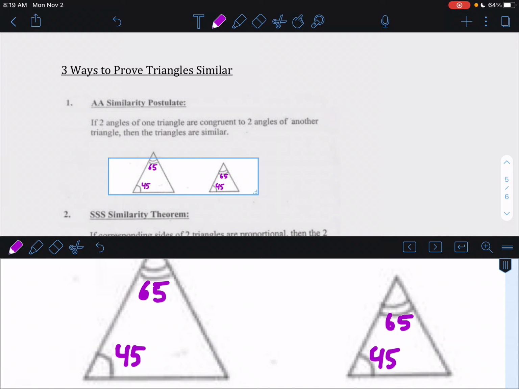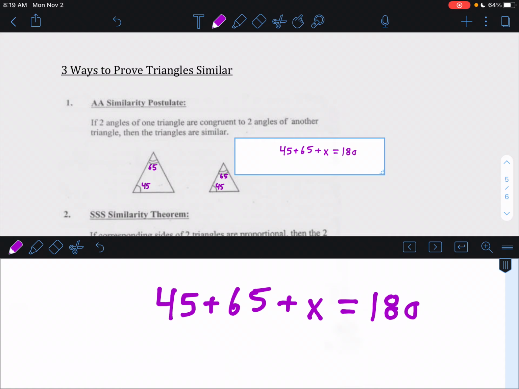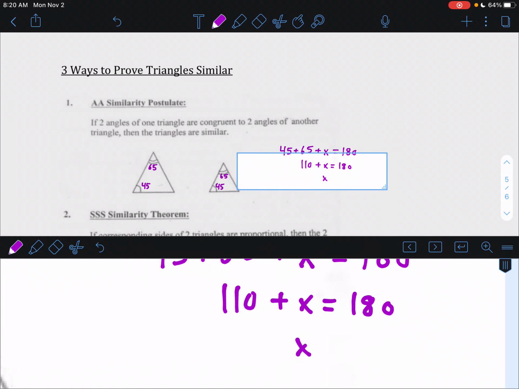So I know that because of that triangle sum theorem, that 45 plus 65 plus, we'll call it x, which is that missing angle measure, is going to equal 180. 45 plus 65 is 110. Plus x equals 180. Subtract 110 from both sides, I get x equals 70.